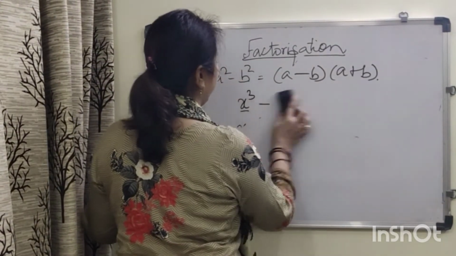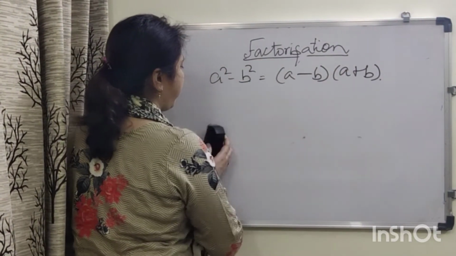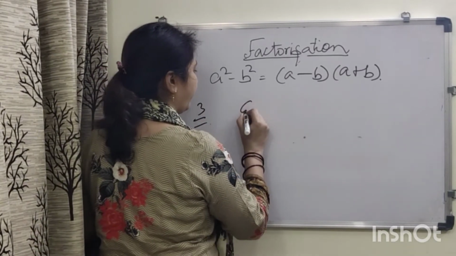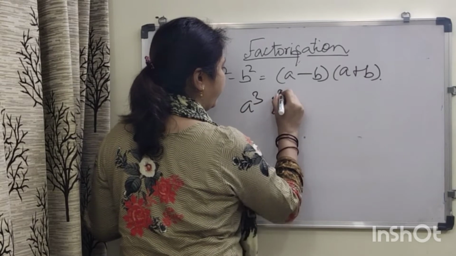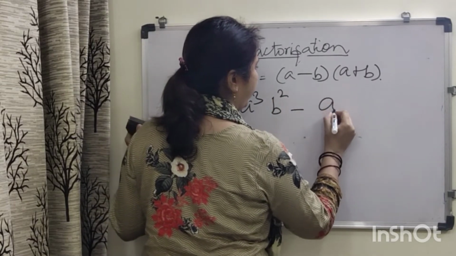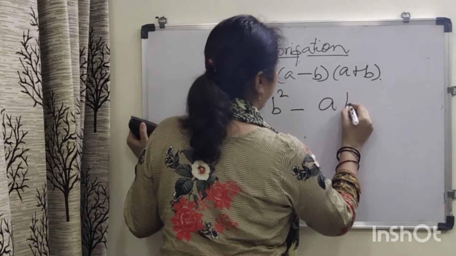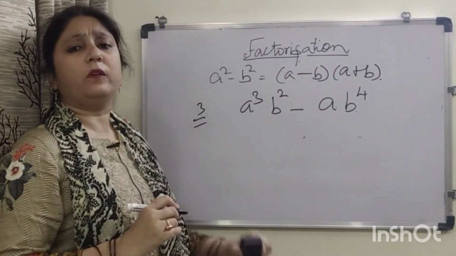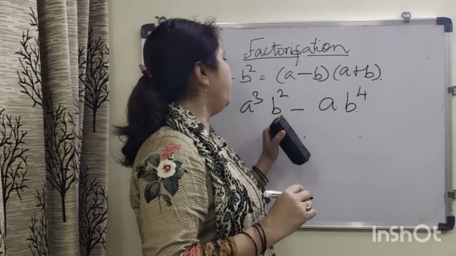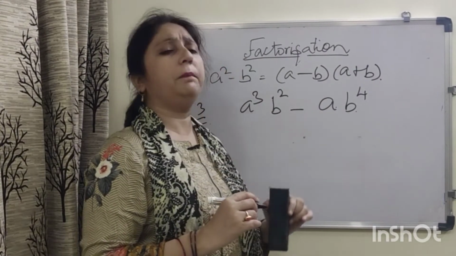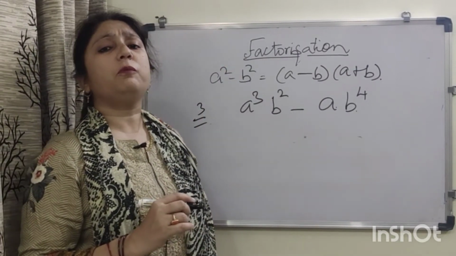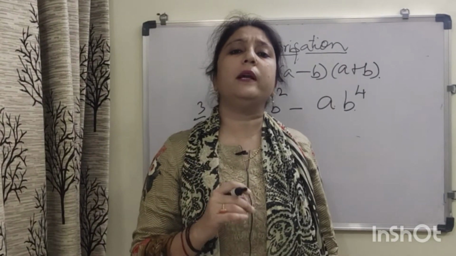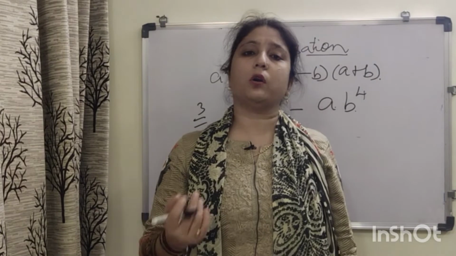Another question in the sequence. Again, you can see the question a cube b square minus ab to the power 4. First step towards this is to check if you can take anything in common or not.